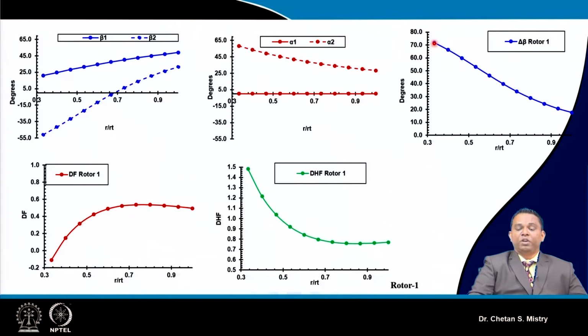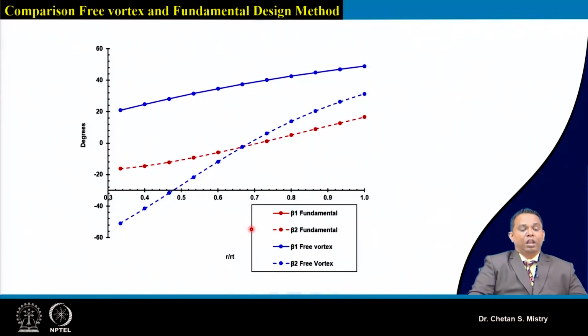Near the hub region this delta beta is around 70 degrees, and near the tip region it is around 21 degrees. Since alpha 1 is the axial entry, this represents my alpha 2, and this represents my diffusion factor and de Haller's factor for rotor 1.